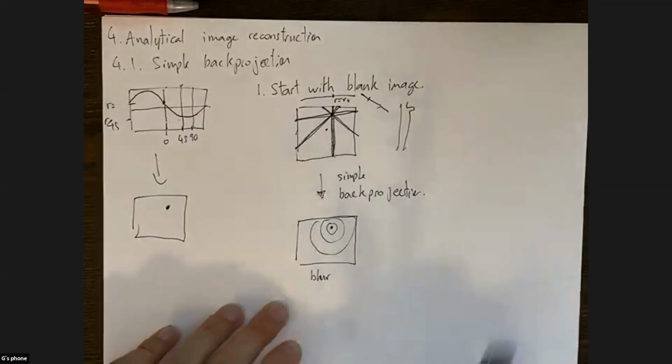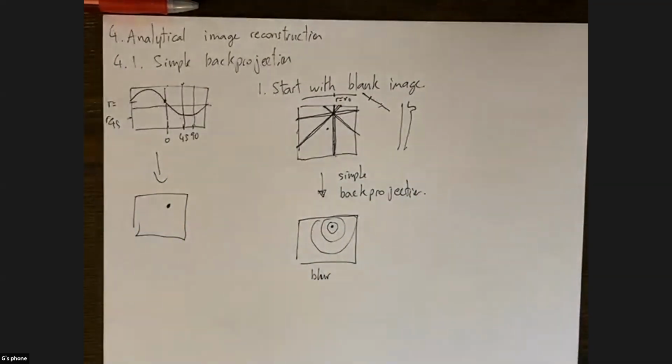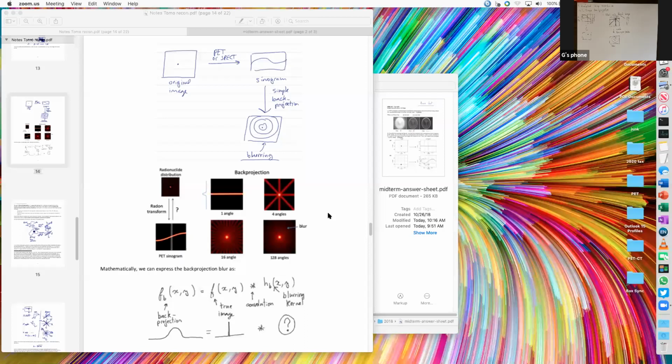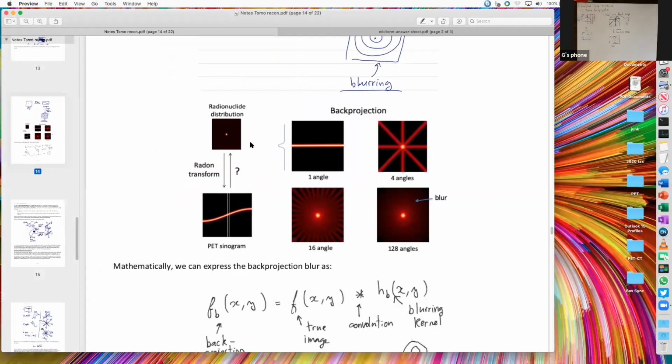But anyway, let me see if I can show you a more visual version of it. If I could share my screen again. As you see here, this is the same thing but done using a computer. I have a radionuclide distribution here. That's the sinogram computed from that radionuclide distribution.